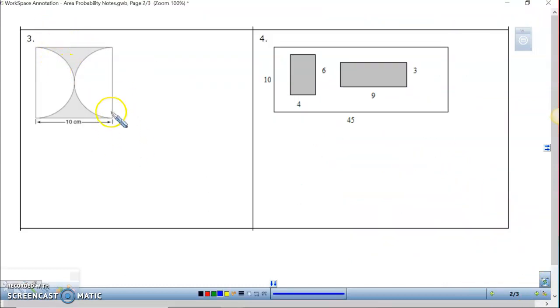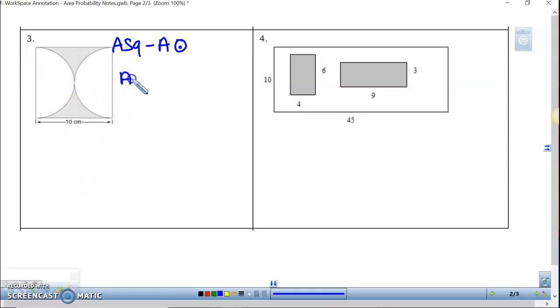All right, number 3. So we have basically a square. Okay, and we are taking out a half circle, and a half circle is one whole circle. So we're going to do the area of the square and we're going to subtract out the area of the circle. Okay, again, pay attention to how much circle. This is one whole circle.